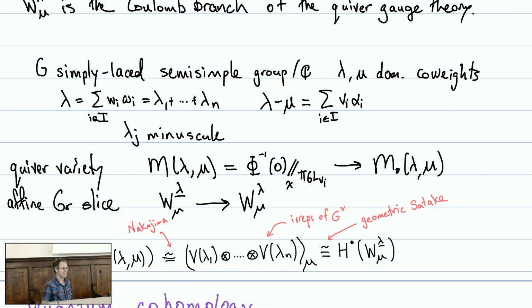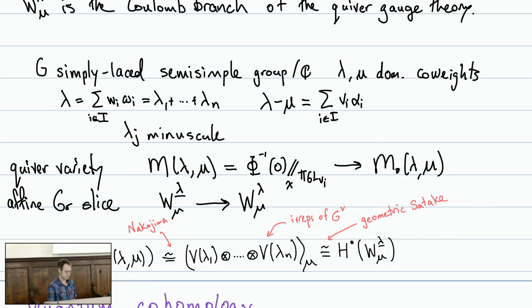How do we get the quiver gauge theory? It's basically your question. We write lambda as a sum of fundamentals. In fact, we're going to do it in two ways. Two decompositions, which are basically the same decomposition, just written slightly differently. In one way, I write lambda as a sum of fundamentals with some coefficients, omega I. And secondly, I also write it as lambda 1 to lambda n, where each of those lambda j's is minuscule, and therefore fundamental. And I also write lambda minus mu as a sum of v_i alpha_i, where alpha_i are the simple roots or co-roots.